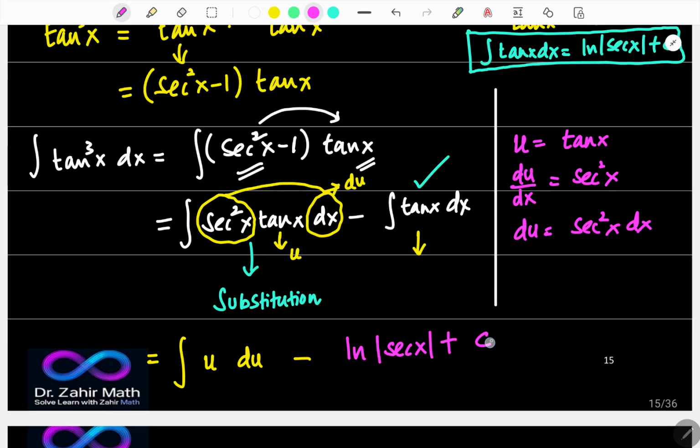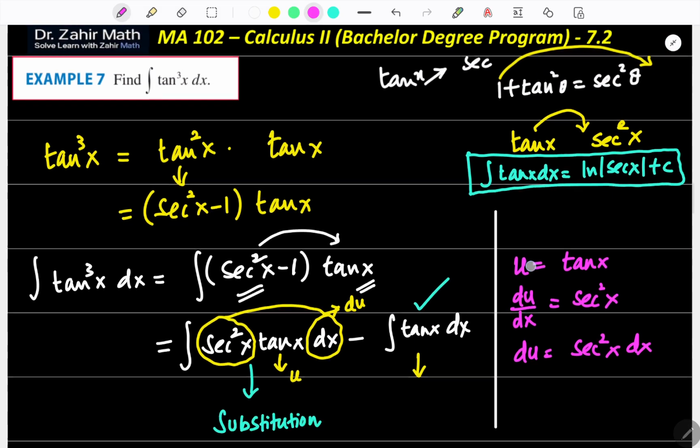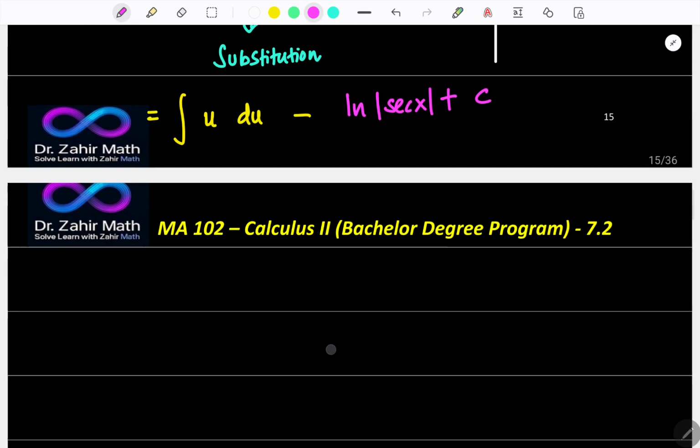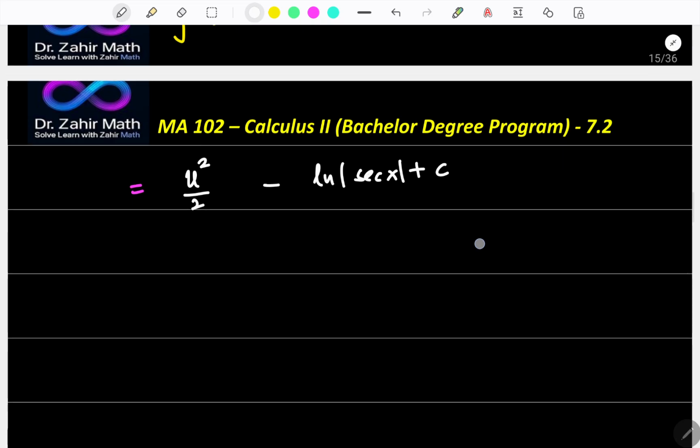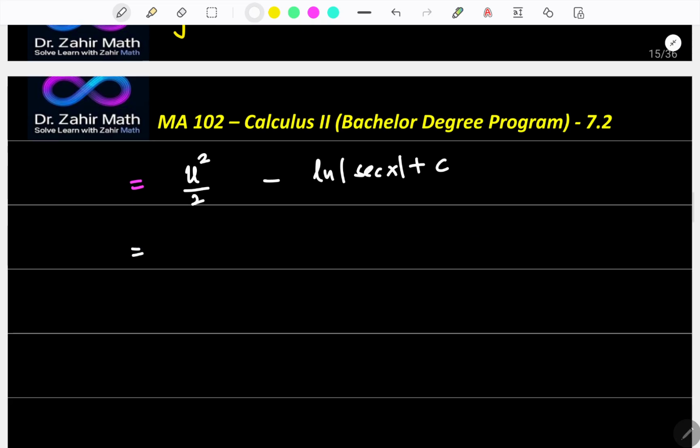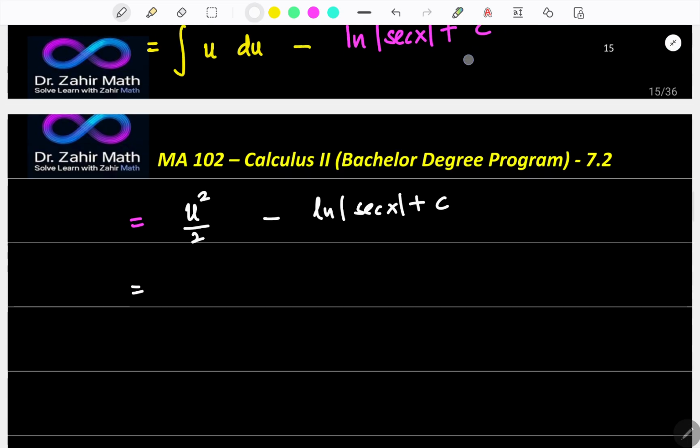Plus integrating constant c. Is there a limit? No limit. Okay, plus c, right. So here integration is over. Only you are going to do integration here. u square divided by 2, right? So minus ln absolute value secant x plus integrating constant c. So this equals, what is your u? Your u is tan x.